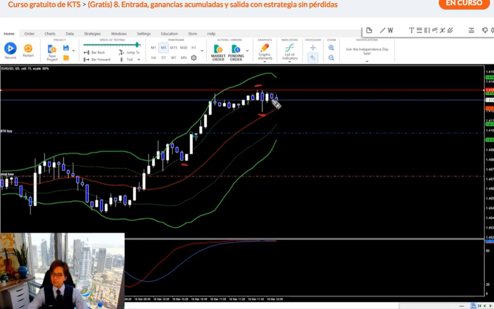So if the market breaks the resistance, then I think it goes up continuously because it takes the sellers' stop losses. But if the market goes down, then it takes the stop losses for the buyers here, and the market may retrace backwards. So let's see which way it goes.